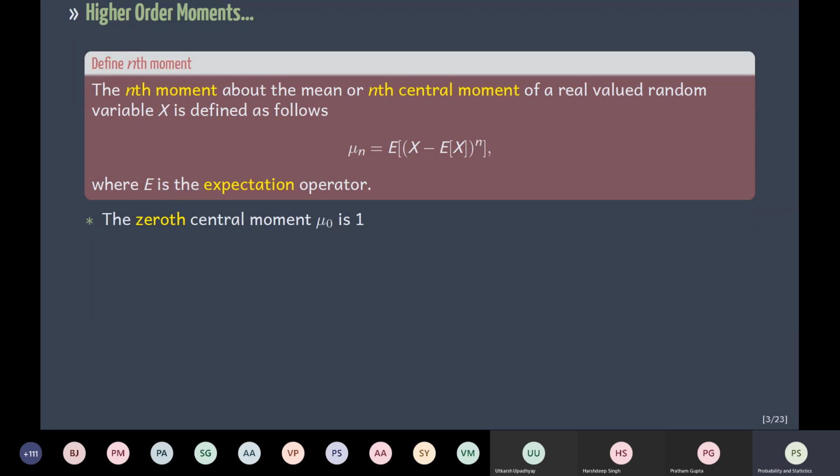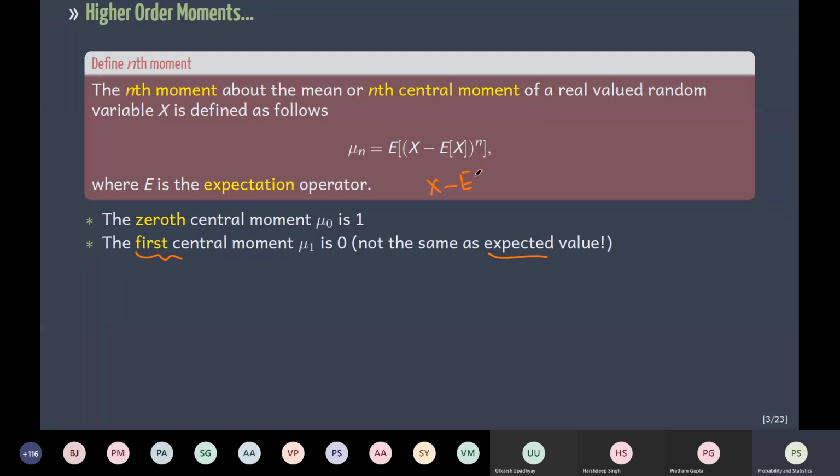The zeroth central moment is denoted by mu zero, and this is 1, because for n equals 0, this becomes 1. The first central moment mu 1 is 0. We should note that the first central moment is not the expected value, because this is x minus E x. So mu 1 is the expectation of x minus E x, which will be 0 due to linearity of the expectation.